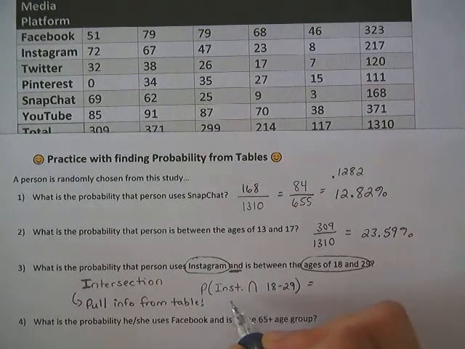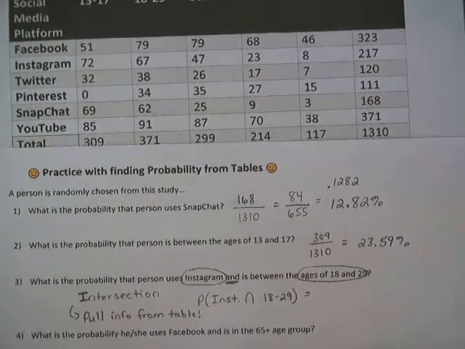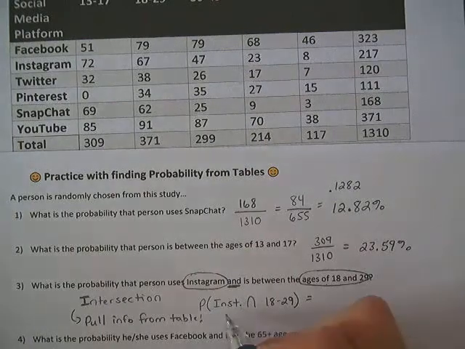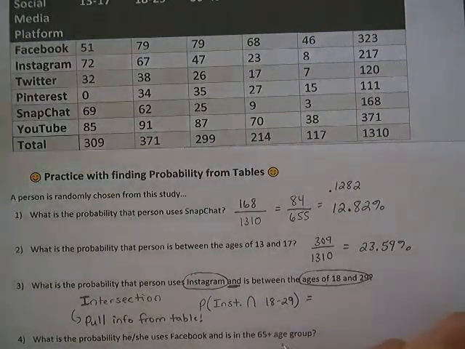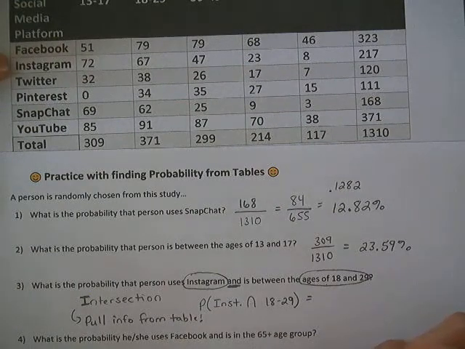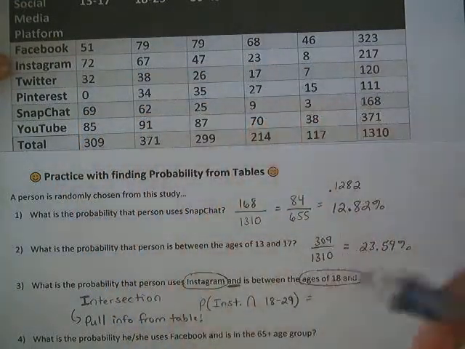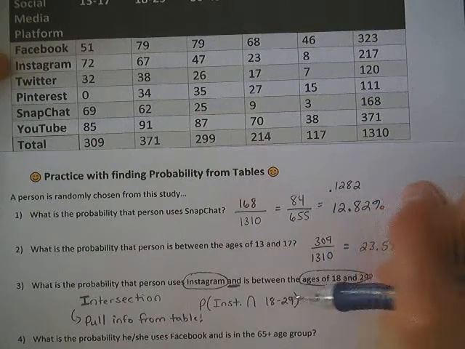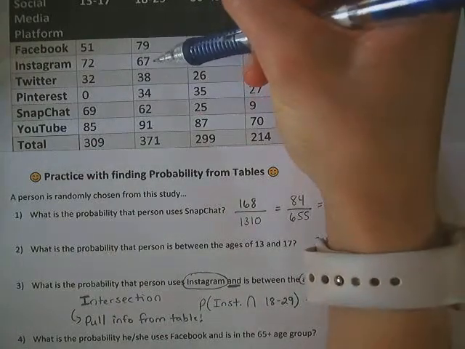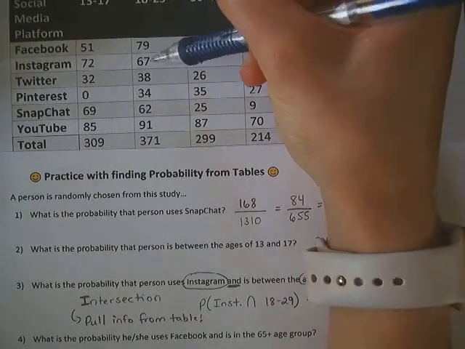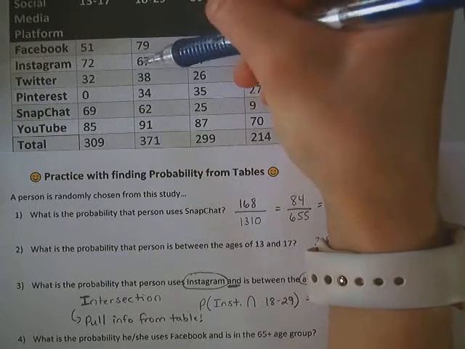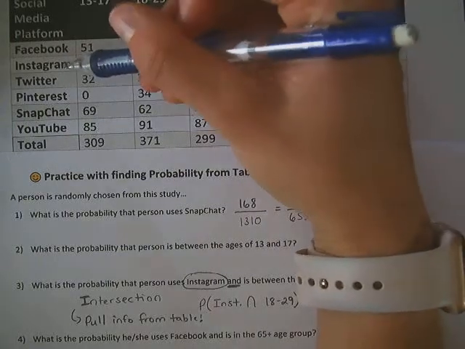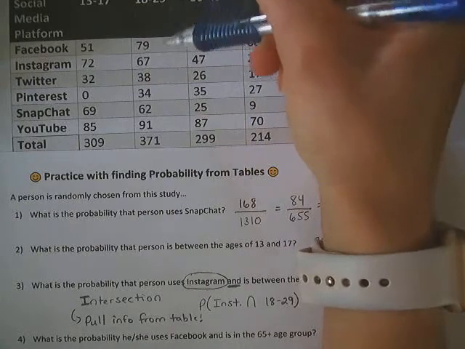So let's look at the table to see where we get our information from, okay? So we're looking for the number of people that are in both of these groups. So, well, here's my Instagram people, that row right there. And then we're looking for those that are in the 18 to 29 age group. So that would be this right here. So there's 67 people that both use Instagram and are in that age group.